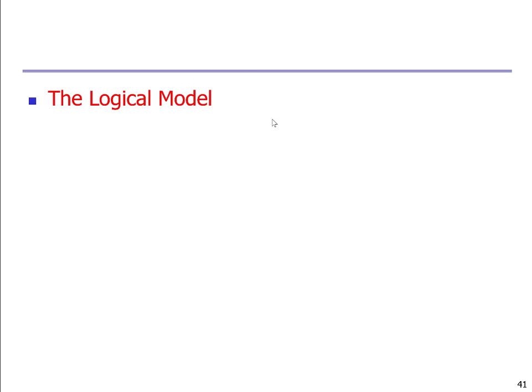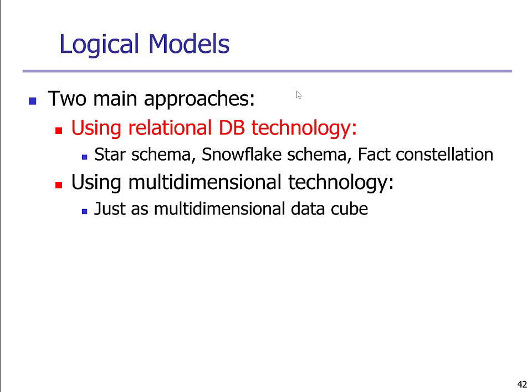What we have discussed before is on the conceptual level, and now we will start to consider how to do the implementation. So we will start from the logical level, the logical model of a data warehouse. For the logical models, there are two main approaches.